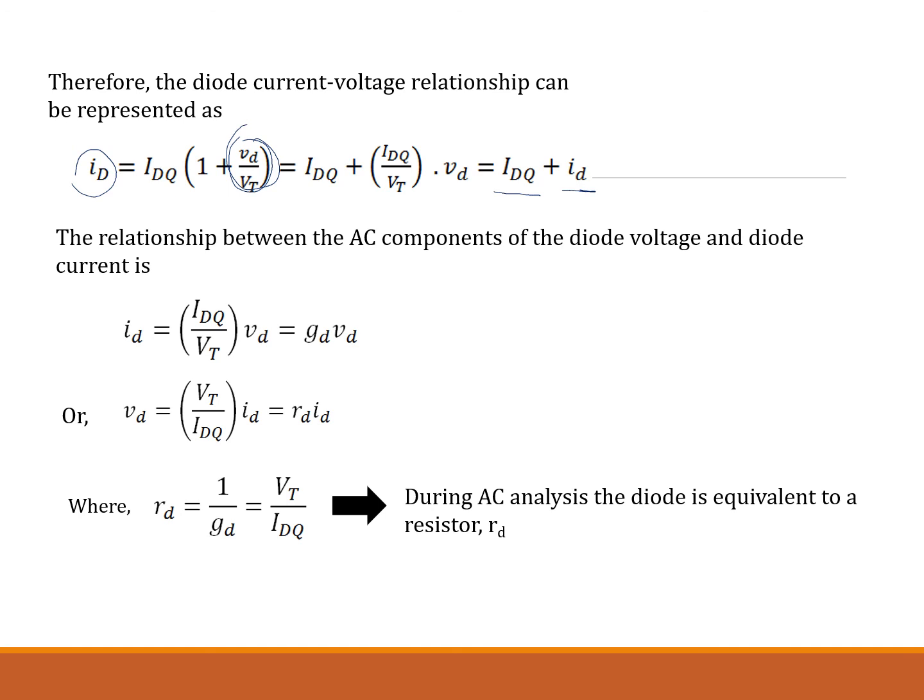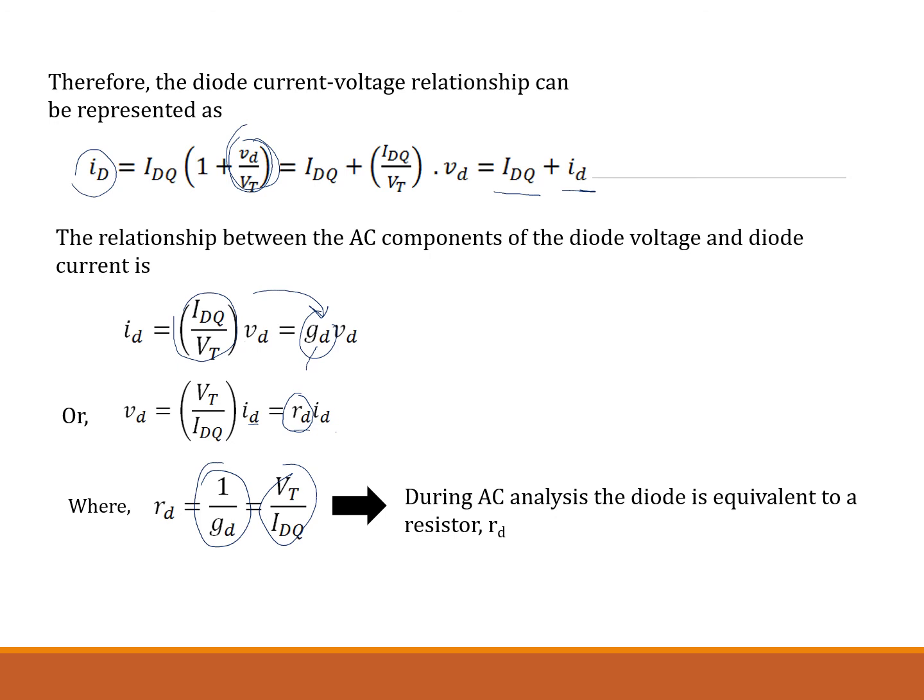We can rewrite ID as IDQ over VT multiplied with VD, and IDQ over VT is actually GD. Then VD is VT over IDQ multiplied with ID, and this is equal to RD times ID. Hence RD is equivalent to 1 over GD, or VT over IDQ.